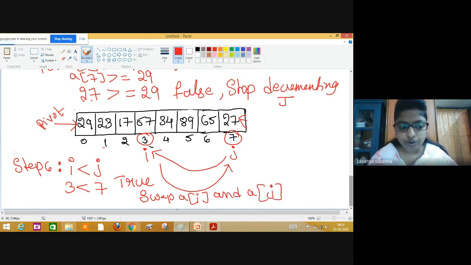When you need to go to step 6, when J is stopped only, you need to compare I value and J value. When this is true, you need to swap A of I, which means the I pointed value 57 goes to the 7th index and 27 comes to the 3rd index. Swap it.